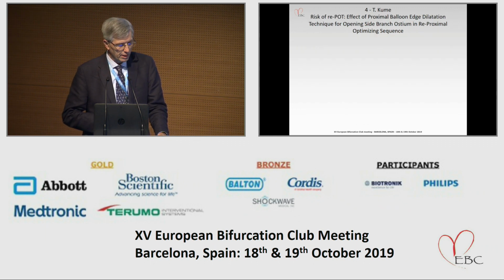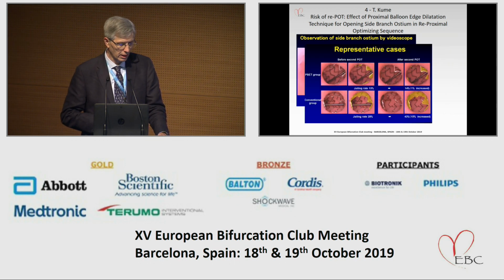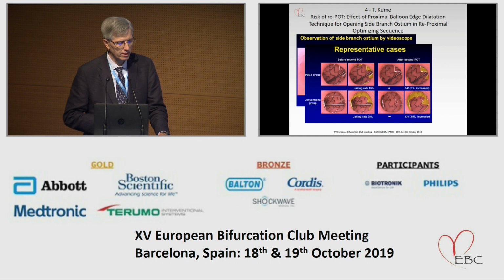Another in vitro study was presented by Dr. Kume, and he used the videoscope technique, basically looking at the effect of the length of the balloon in the main branch. These are some examples of the experiments that he did. You can see in yellow the effect on the jailed struts in the ostium, and how they change according to the technique he proposed, the proximal balloon edge dilatation, in comparison with the conventional technique, which is the lower row.